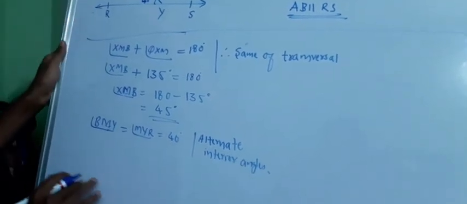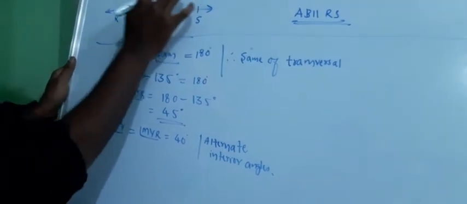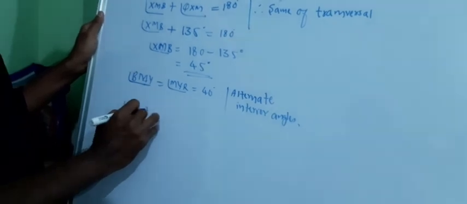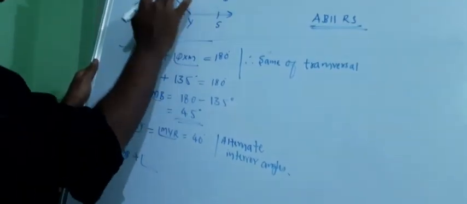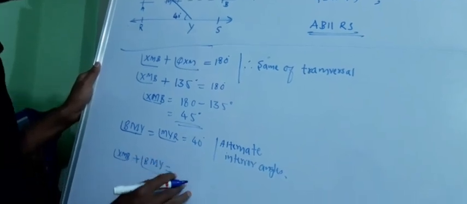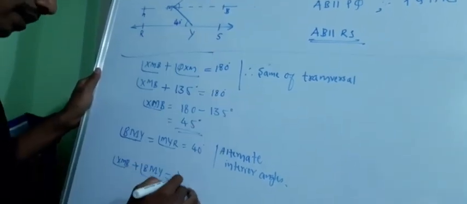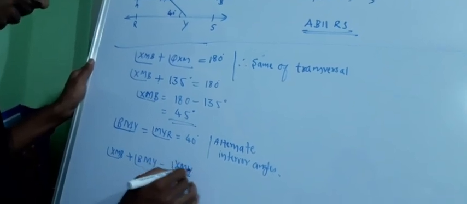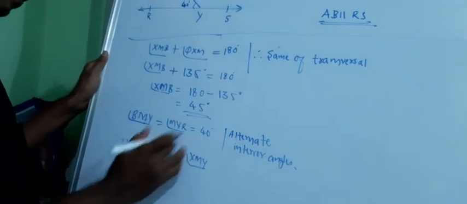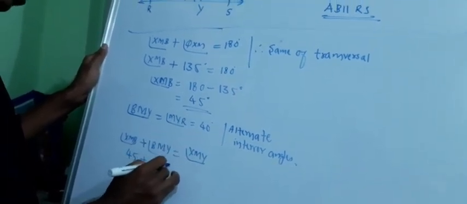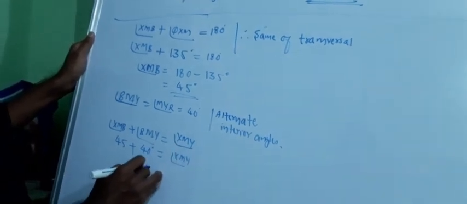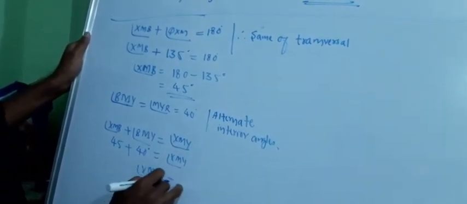Now, we know that XMB plus BMY is equal to XMY, which we need to calculate. What is XMB? That is 45 degrees. Plus what is BMY? That is 40 degrees. Is equal to XMY. Therefore, angle XMY is equal to 85 degrees.